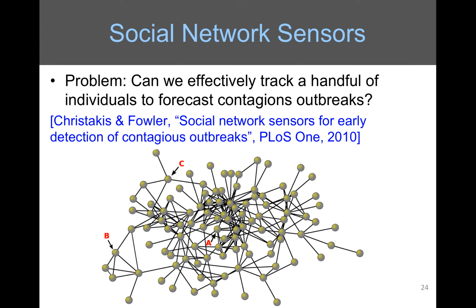So if I give a network here, this is a full network. These are networks where the nodes denote people and the edges denote, let's say, friendship. I'm going to follow this person, this person, and this person, and they are my sensors. I'm going to use these people as my sensors or my insights into the full network.